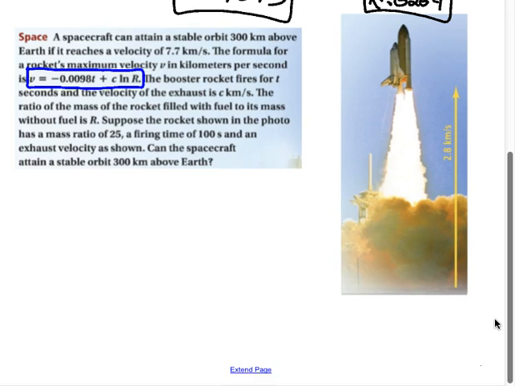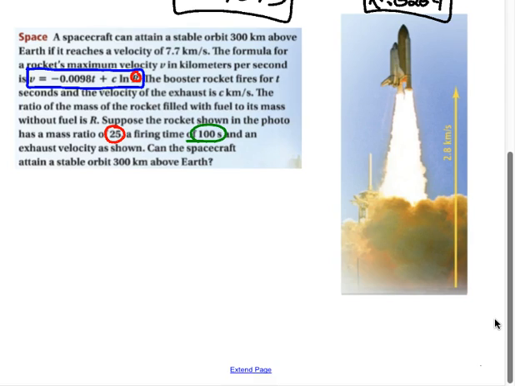So suppose the rocket shown in the photo has a mass ratio of 25. All right, so mass ratio was r, so that 25 is going to go in where the r is. A firing time of 100 seconds.